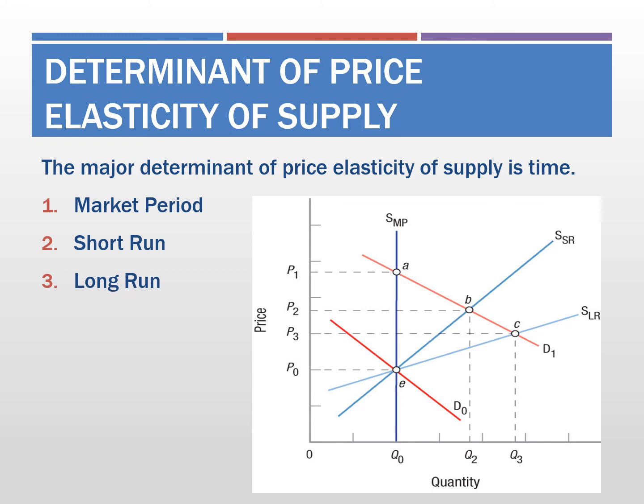In this particular case, I'm showing you a graph on this slide that represents different production periods in this study of elasticity of supply. Let's suppose we look at the graph and try to find the line called S subscript MP, the supply curve with subscript MP. What we define as MP here is the market period.